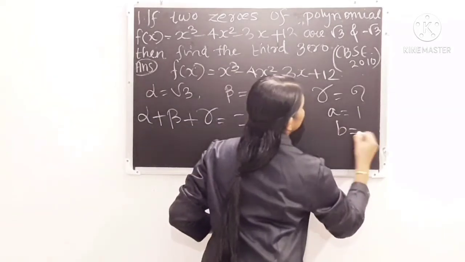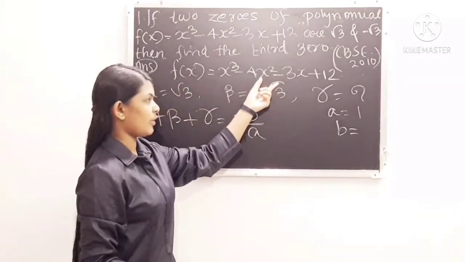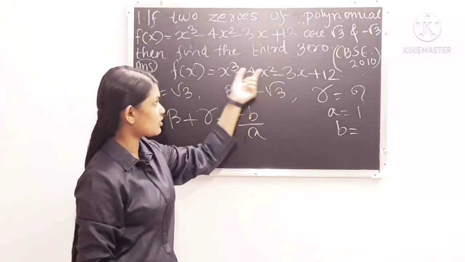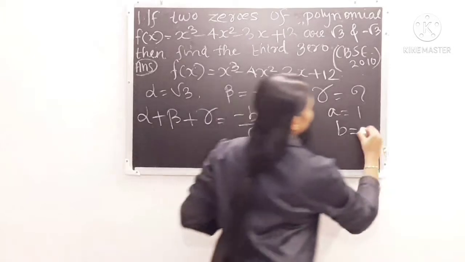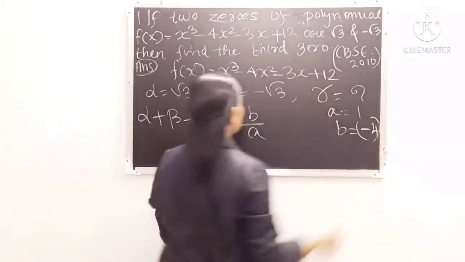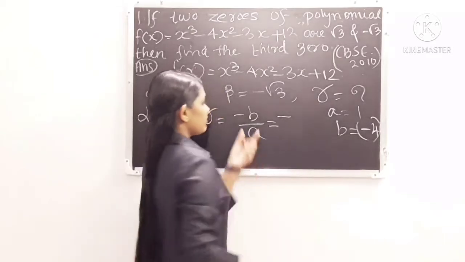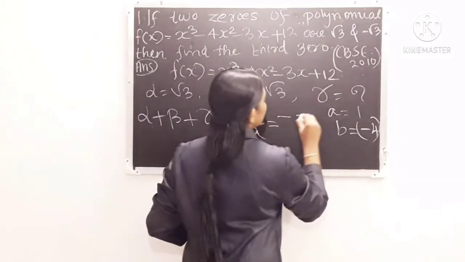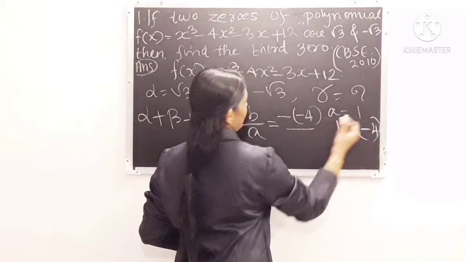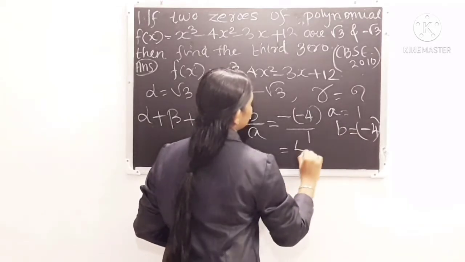And b, the coefficient of x squared, is minus 4. So we can put it in this relation: minus of b is equal to minus of minus 4, so 4 by a, and here a is 1, which is equal to 4.